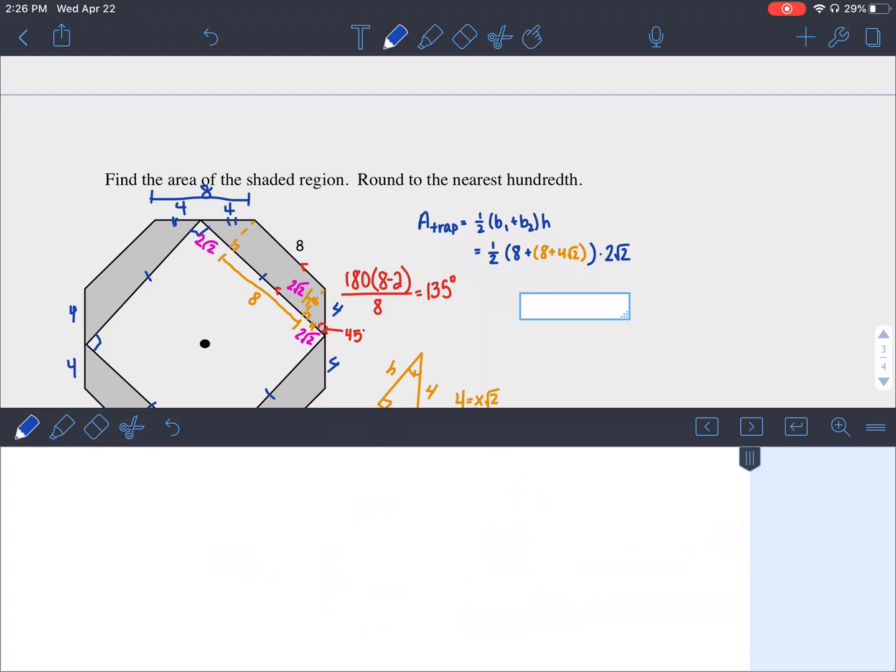So then, lots of simplifying. Ooh, yeah, just one trapezoid. Okay, we're good.